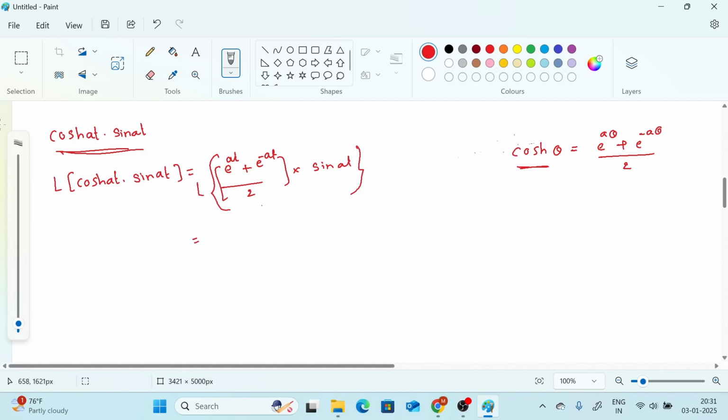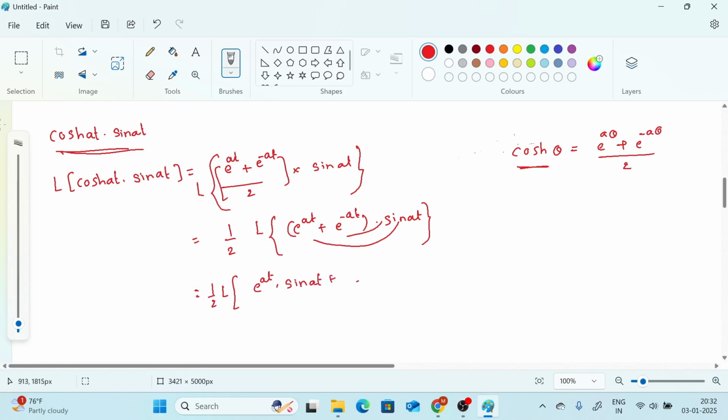So I will take 1 by 2 as a constant, Laplace of e raised to at plus e raised to minus at into sine of at, right? Now you can see if you multiply sine at inside this bracket, you will get 1 by 2 Laplace of e raised to at sine at plus e raised to minus at sine at, right?